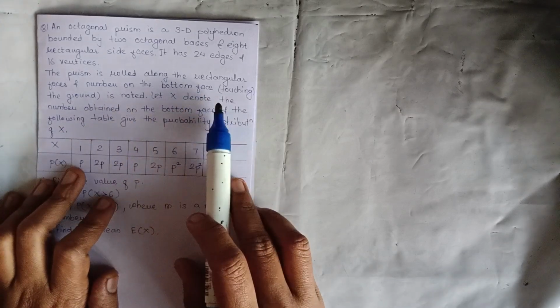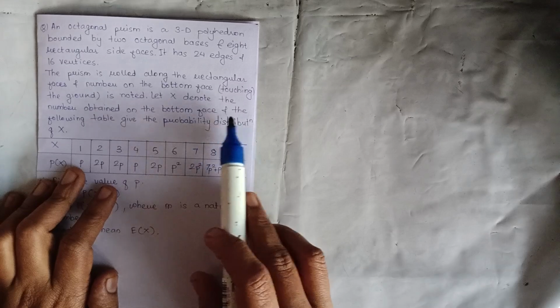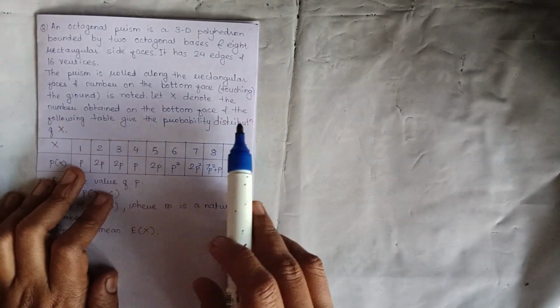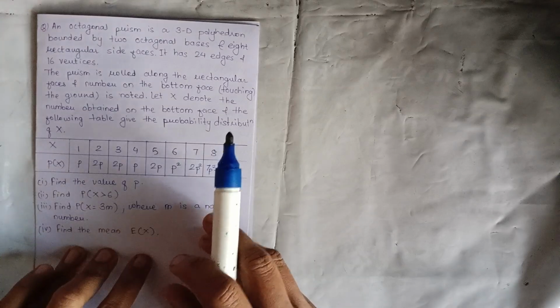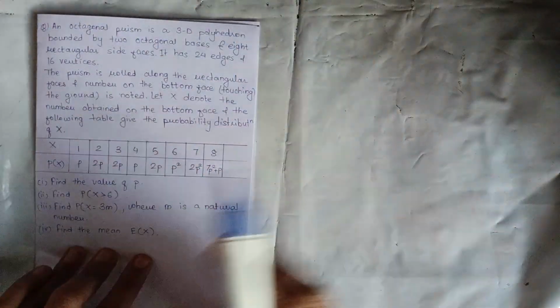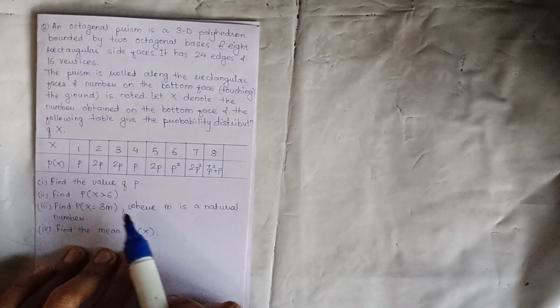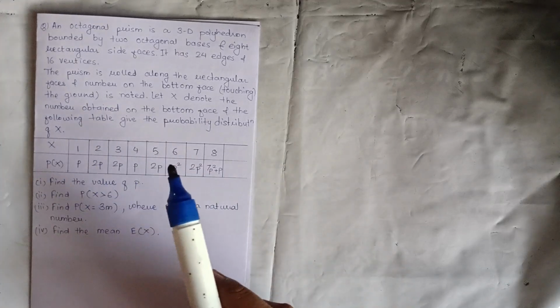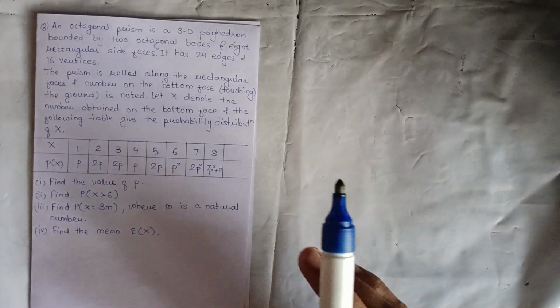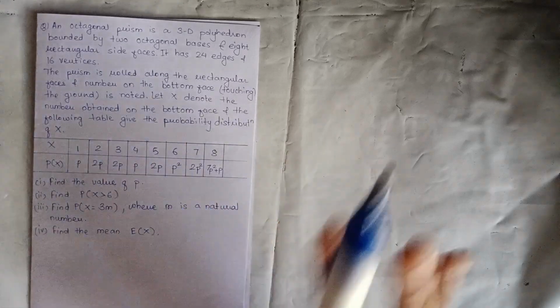Now let X denote the number obtained on the bottom face and the following table gives the probability distribution. This information has nothing to do with this problem. They have only collected the data, and now we have to find the probability. They have given a probability based question.